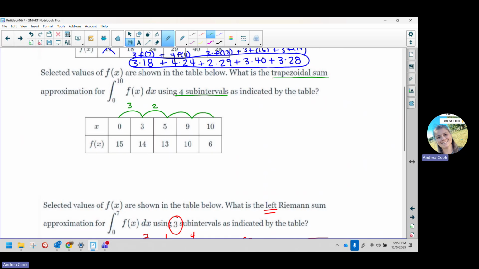I got a decimal too, it makes you feel better. I don't think I've ever got to 40.